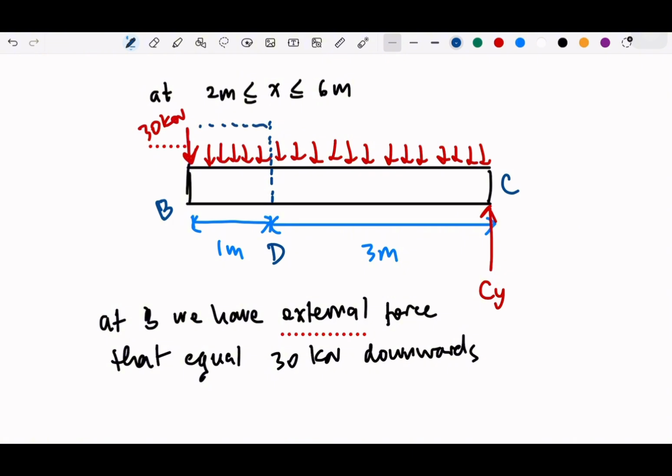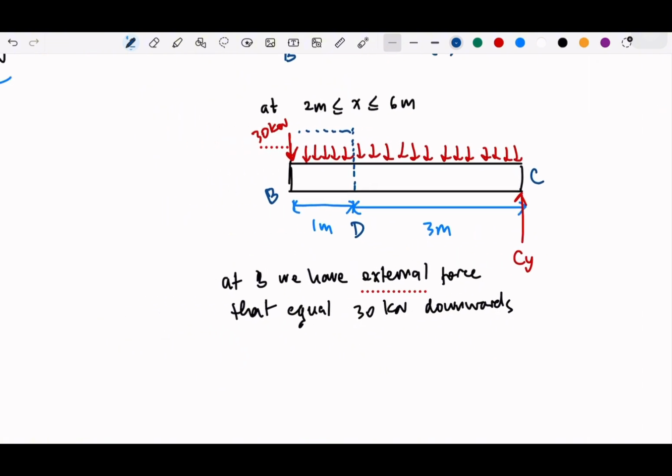Or let's say this is... because we know at... we can write that dV/dx is P of x, which is negative 30 kilonewton per meter. This is the distributed load that is here.